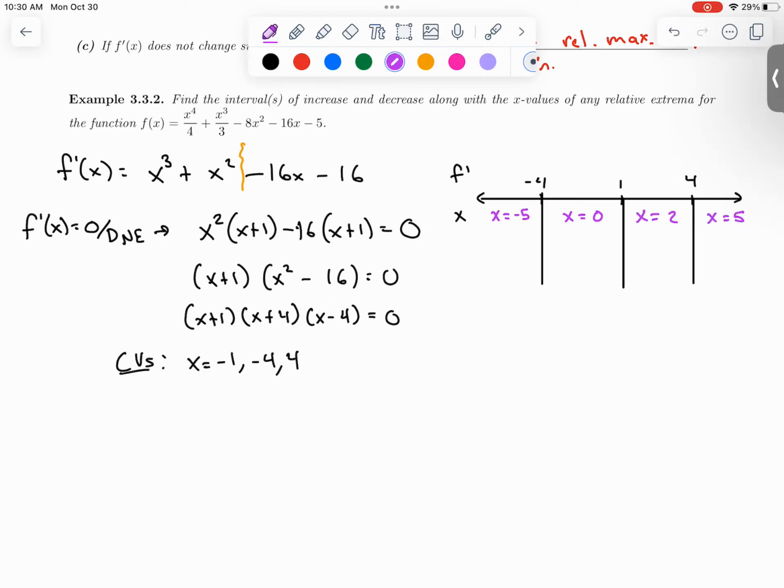You can pick whatever one number you want though. If you wanted to pick x equals 3 between 1 and 4, that's your prerogative. I want you to create the sign chart and also fill in details.